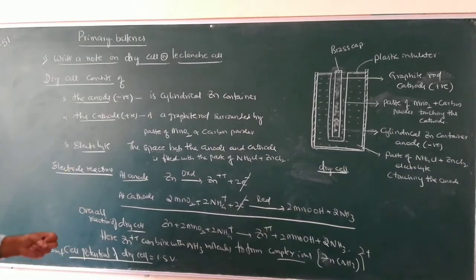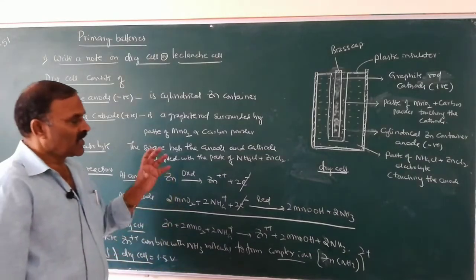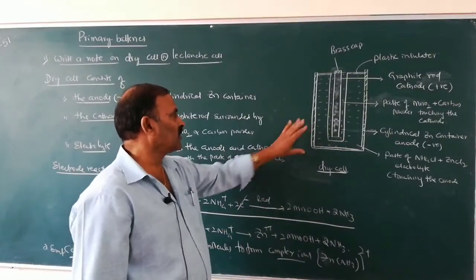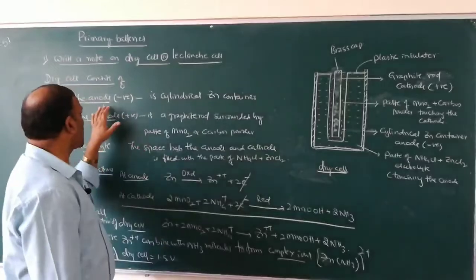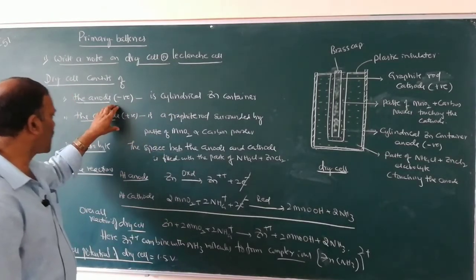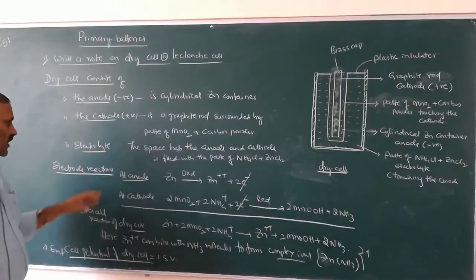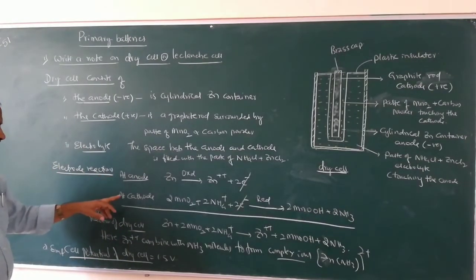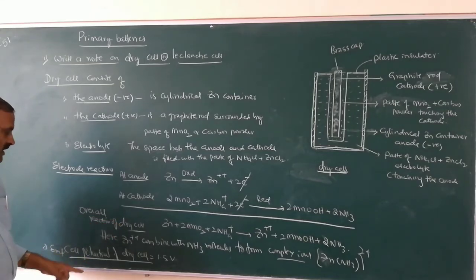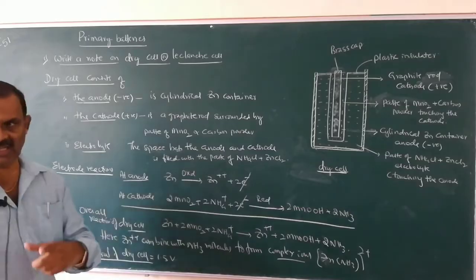In the examination you will be asked, write a neat diagram of dry cell. You have to note down the dry cell, which is the anode, cylindrical zinc container, which is the cathode, which is the electrolyte, what are anodic reaction, cathodic reactions, overall reactions, and what is the EMF of dry cell.